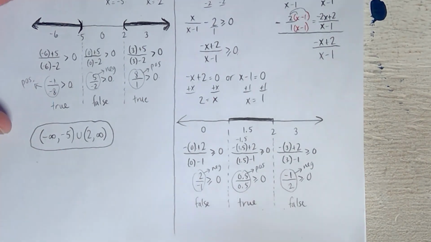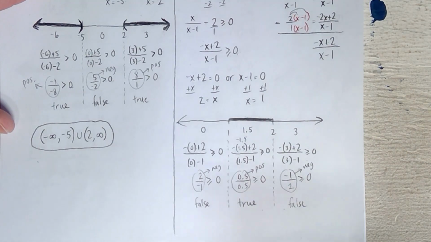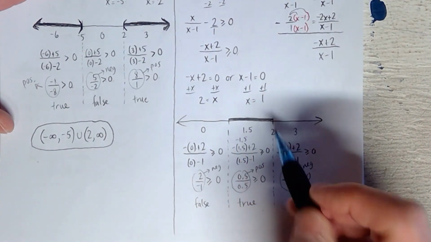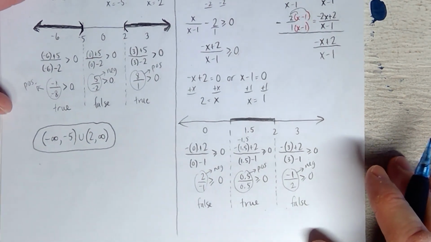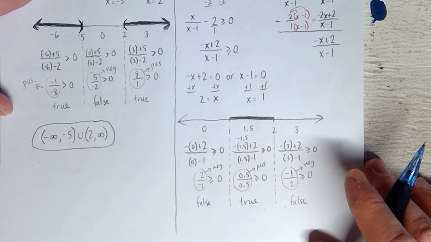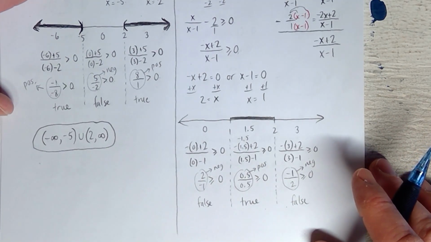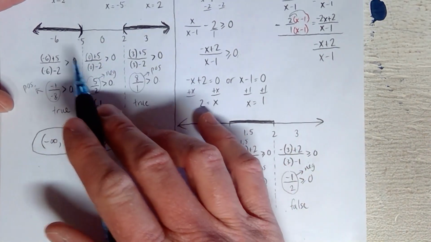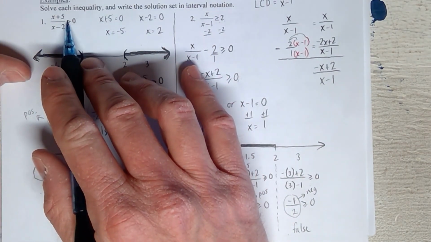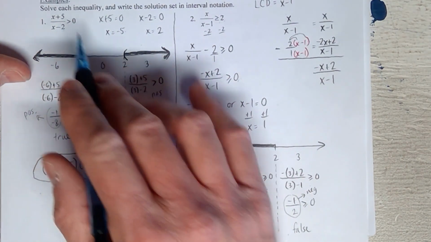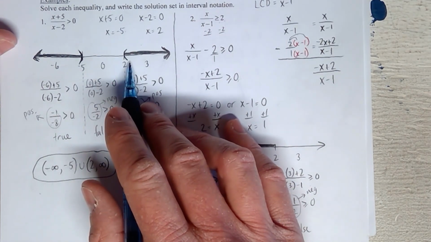And once we do all of our shadings, then what do we determine? What our brackets are. Now, this is that special exception that I was talking about in the previous video. I said in the previous video that whenever you have an inequality with no equal to underneath it, it's always round, right?